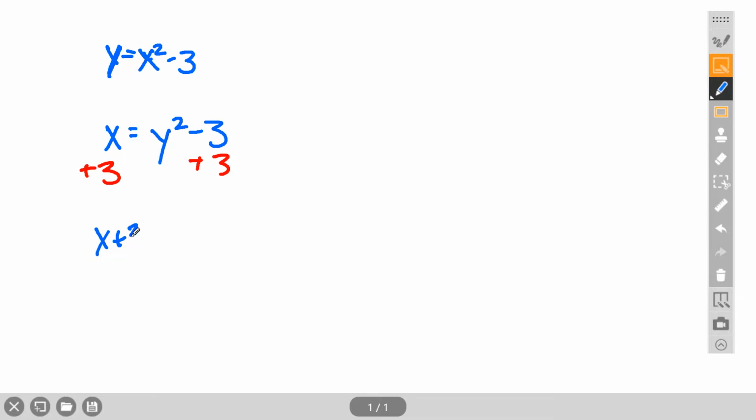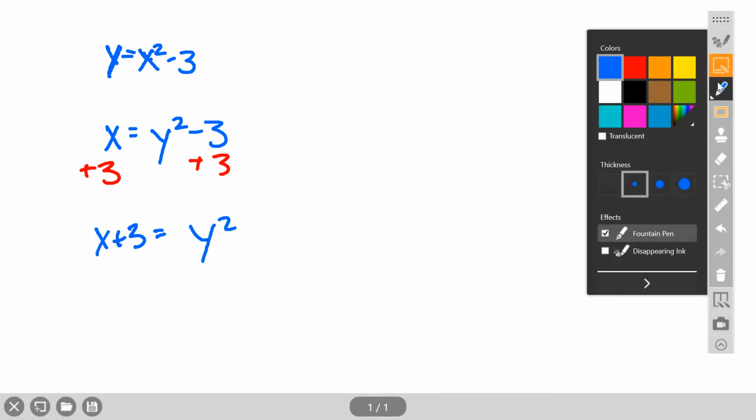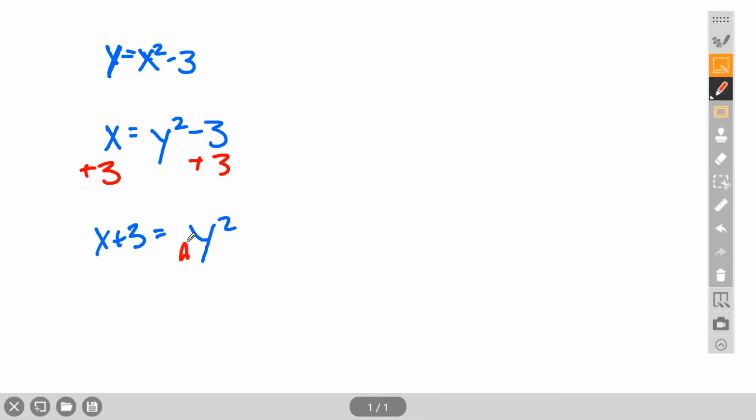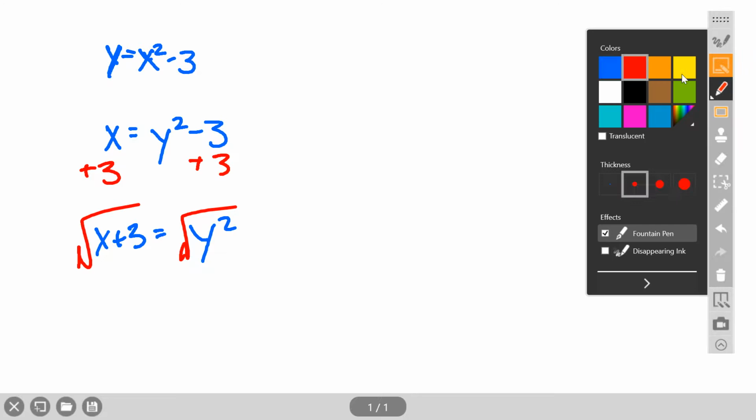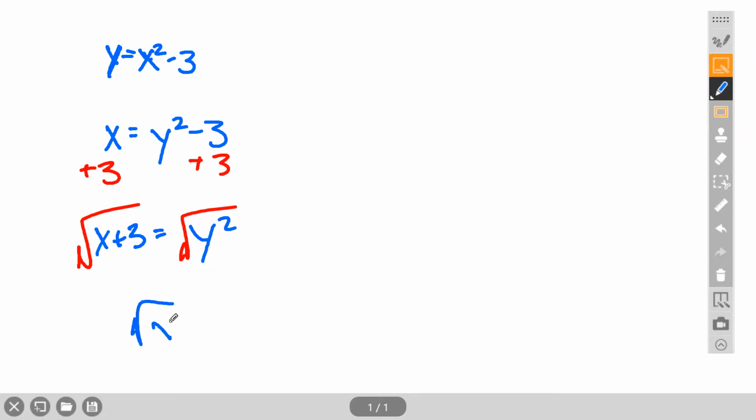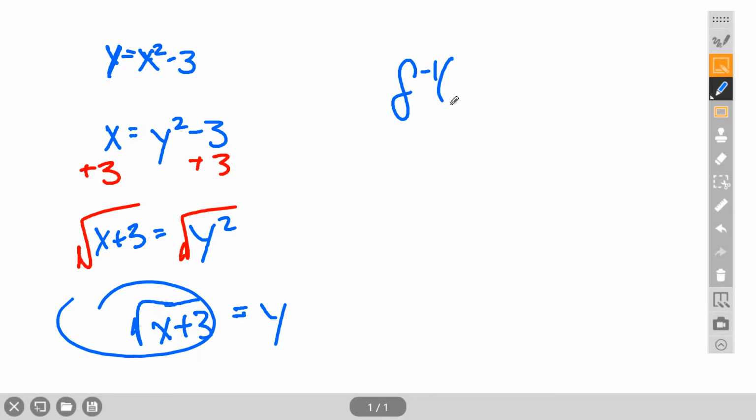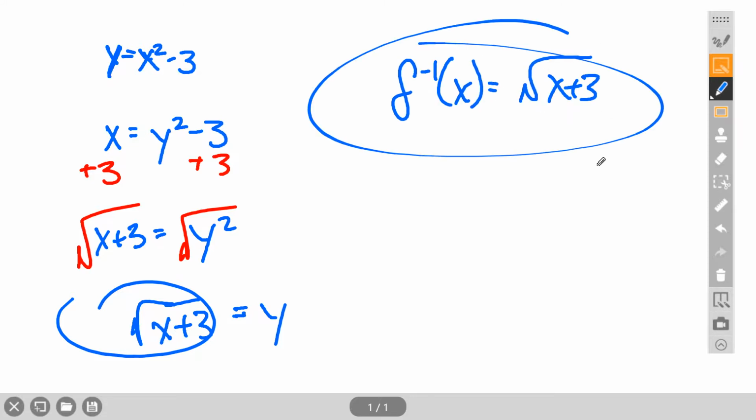So x plus 3 is equal to y squared. Square root both sides. So the square root of x plus 3 is our inverse function for f. So f inverse of x is the square root of x plus 3.